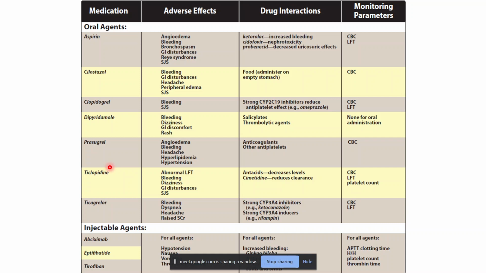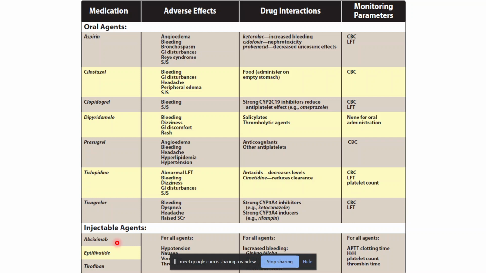Injectable agents include the antibodies abciximab and eptifibatide, as well as tirofiban, and these are new drugs that act on the GP receptors.